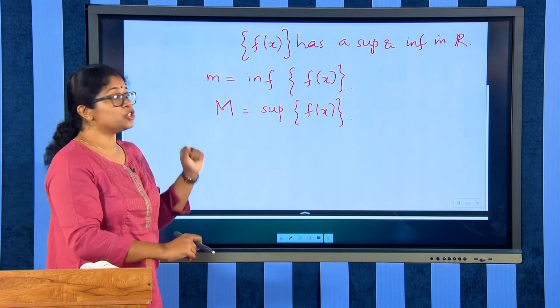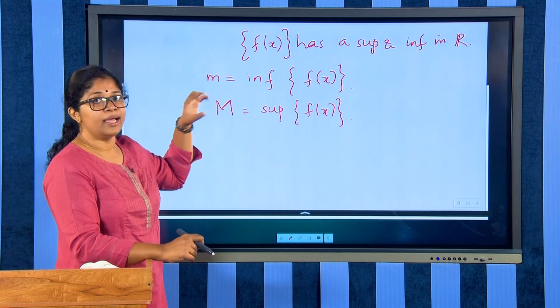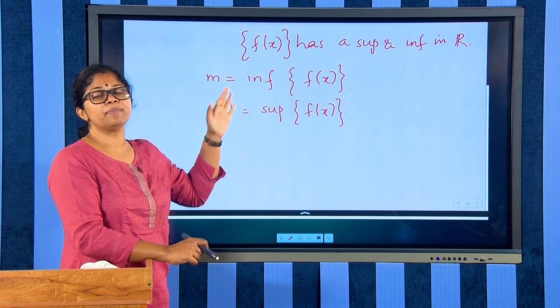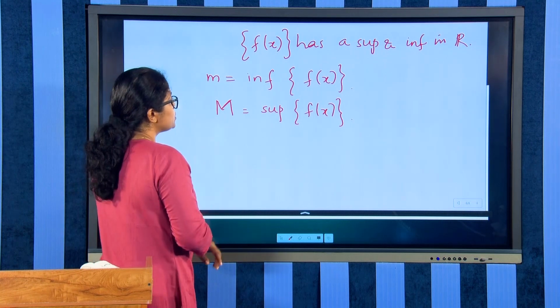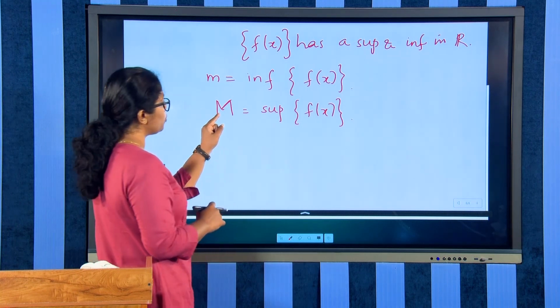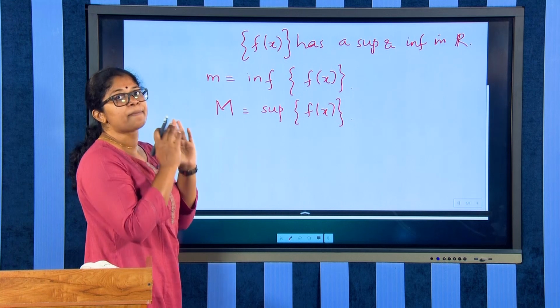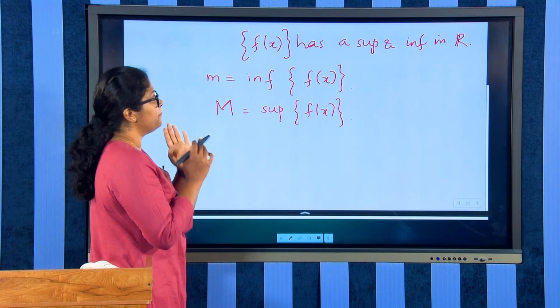Now we need to show that these are the maximum and minimum that we intend to show. So our claim is that capital M is the maximum and small m is the minimum.